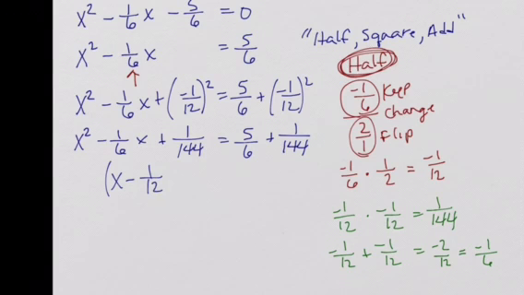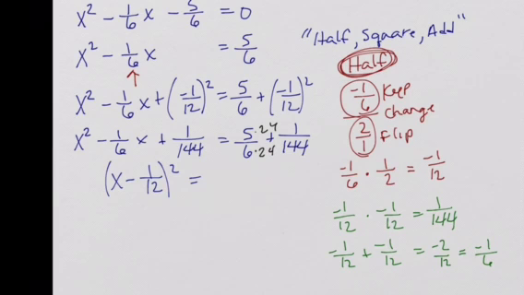So x minus 1/12 squared is equal to, now we need to find a common denominator for 6 and 144. We need to multiply the numerator and denominator by the number 24.